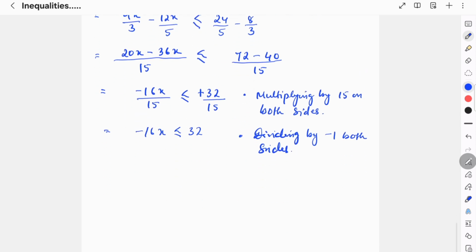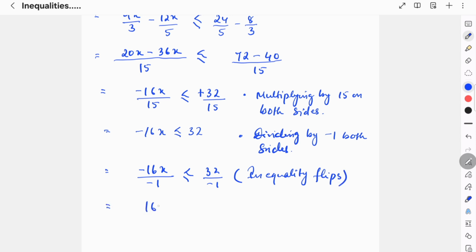So we will have minus 16x divided by minus 1, which is less than equal to 32 divided by minus 1.